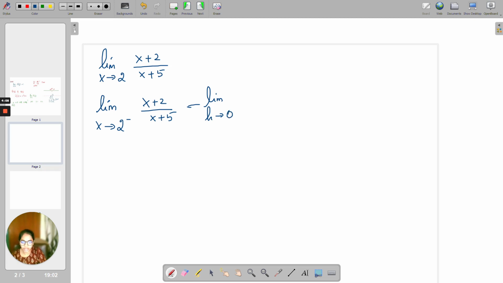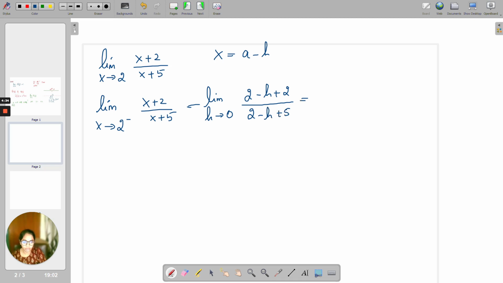What do I have to write in the place of x for LHL? For LHL, x was equal to a minus h. What do we have in the place of a? We have 2 here. So I would have to write 2 minus h plus 2, divided by, again, 2 minus h plus 5.